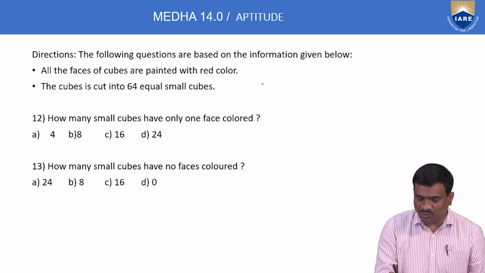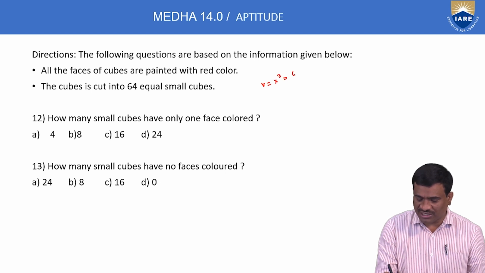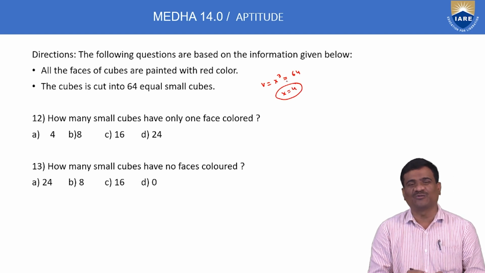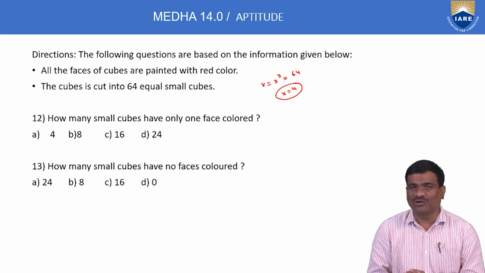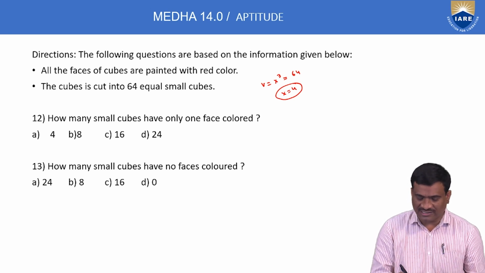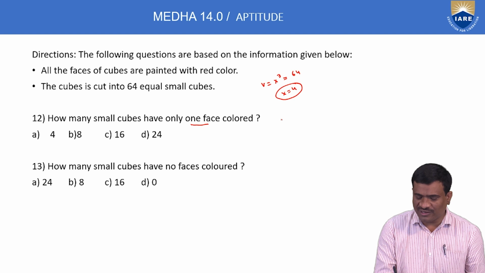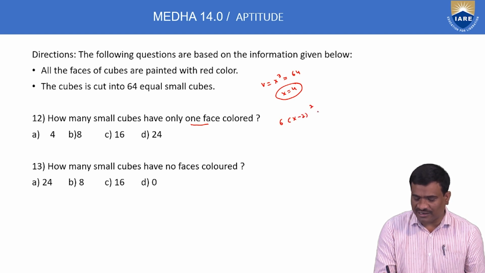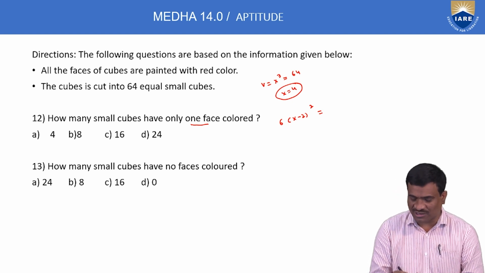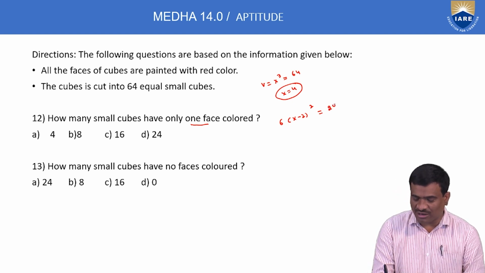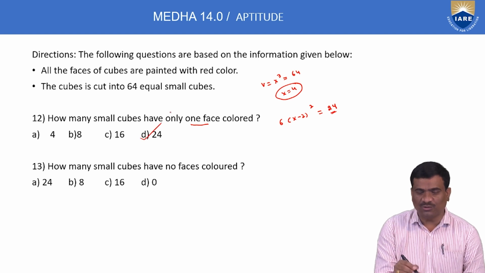Here the given total volume of a cube is x cube is equal to 64, then x is equal to 4, where x is the length of the cube. The 12th example: only one face is painted. Only one face painted is equal to 6 into x minus 2 whole square, where x is equal to 4. Then the answer is 24. Option D only correct.